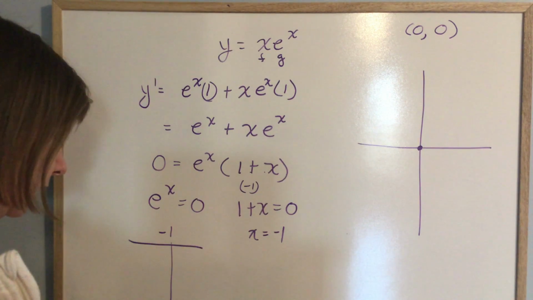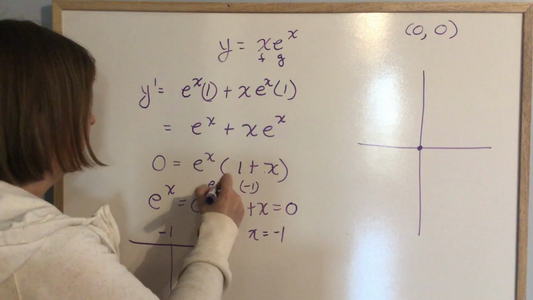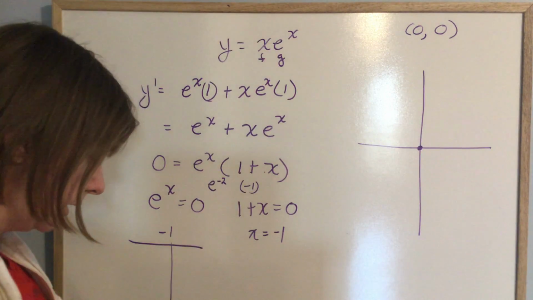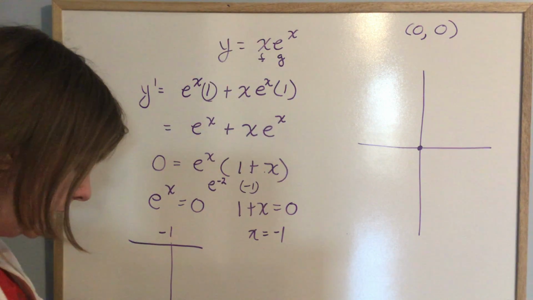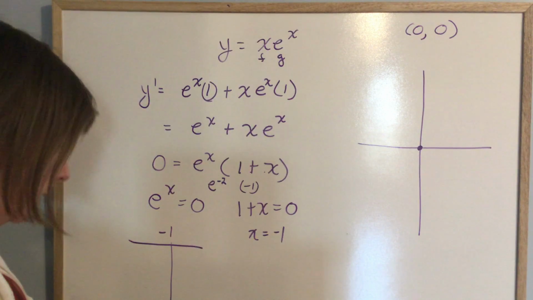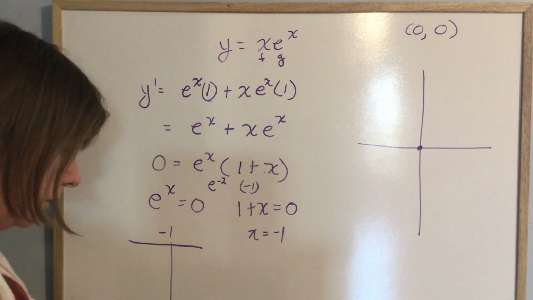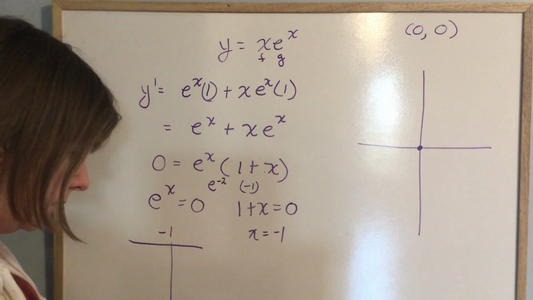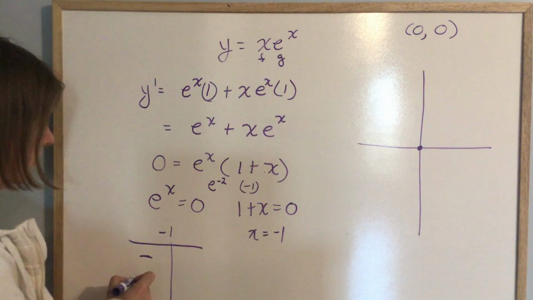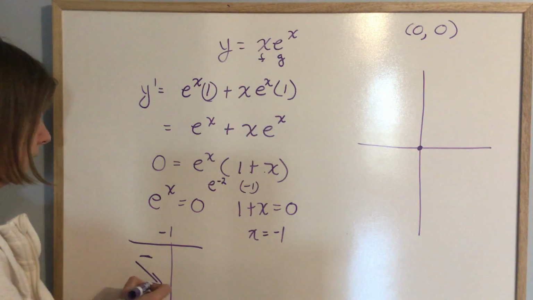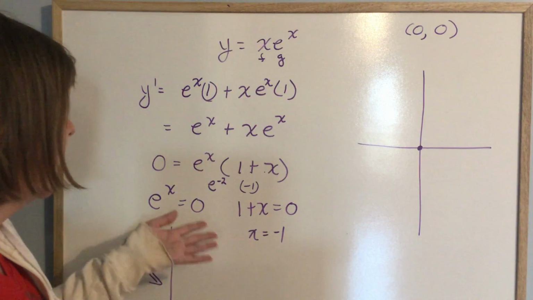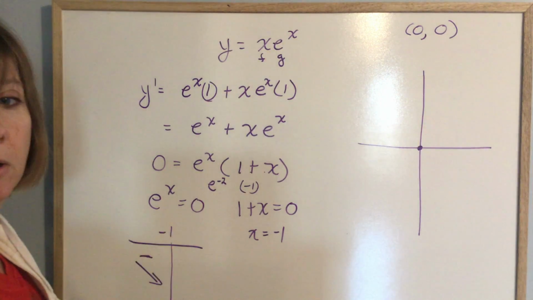And e to the -2, so I have e to the -2 times -1. So if I put that in my calculator, where is my e button? I always lose that thing. There it is. E to the -2 times -1 gives me a negative answer. That means the graph is decreasing before -1. After -1, well, I'll pick 0.